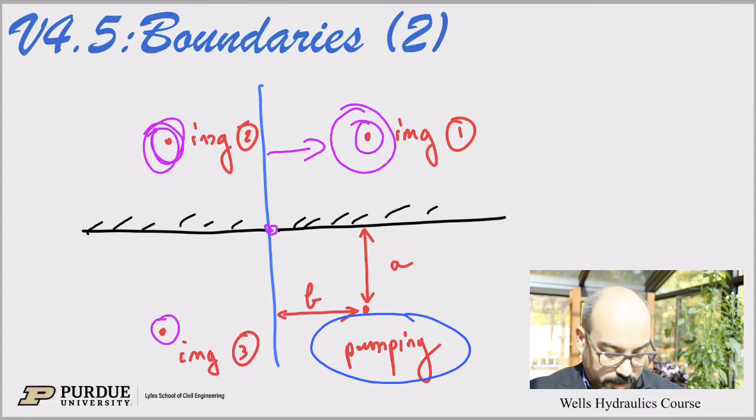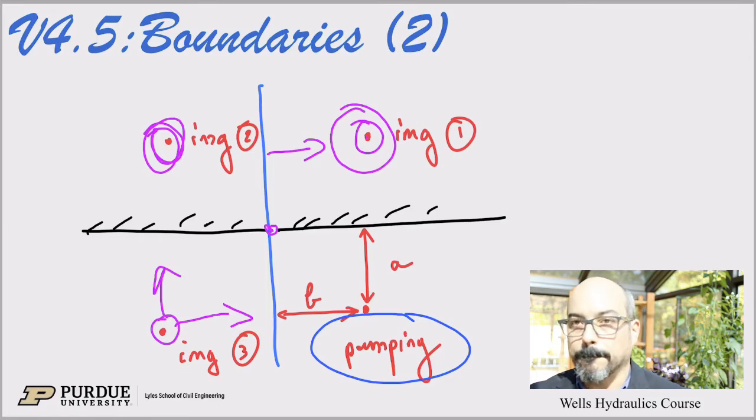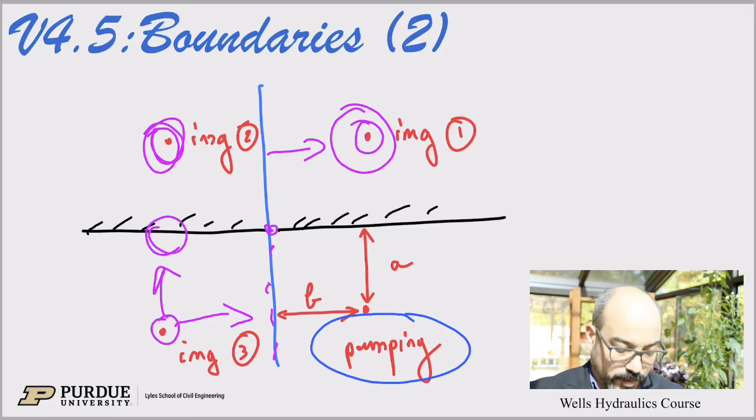Same thing with our image 3. Our image 3 is going to put water into our domain to compensate for the constant head boundary, to compensate for that stream here. But now we have a problem with this one, so we need that image here to counter the effect of our image 3 well. So again, we need images across from the boundary, but also across from that corner, so that the system is complete.